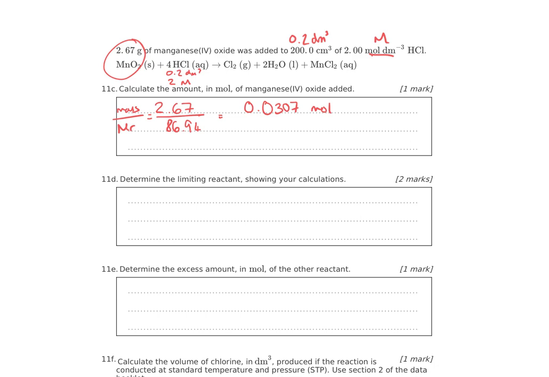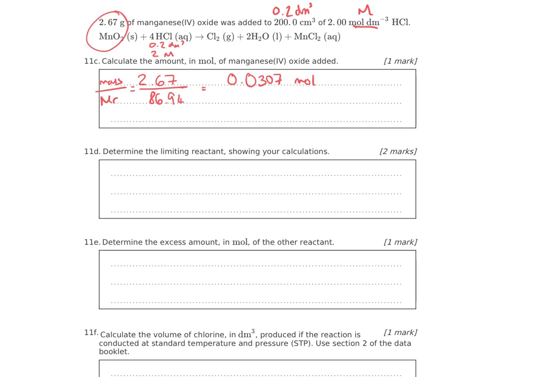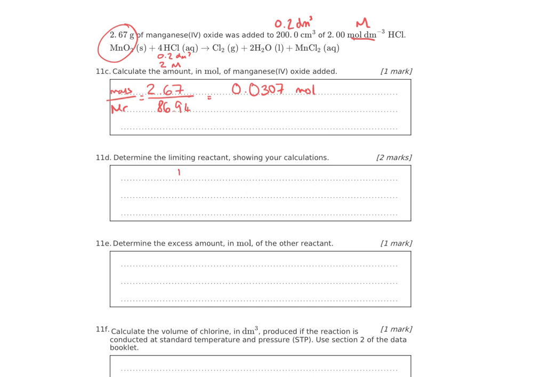Okay. Next one, determine the limiting reactant. So it should be your MnO2 to HCl should be a 1:4 ratio, and we know that from our coefficients. So what I've got is 0.0307 of that, and my HCl is going to be 0.2 times 2.